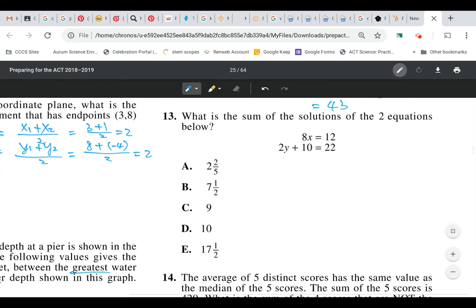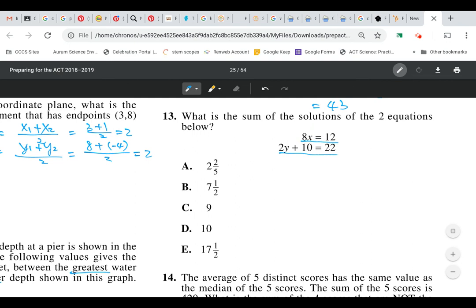Okay, number 13. What is the sum of the solutions of the two equations below? Okay, at first you may think it's pretty straightforward because even though it looks like a linear equation system, each equation only has one variable.